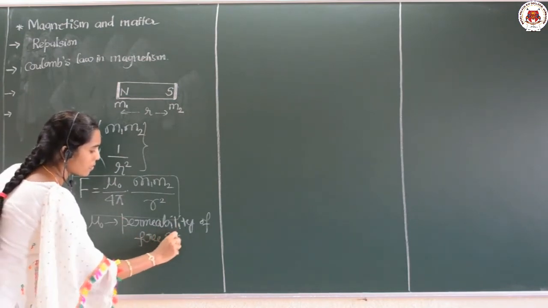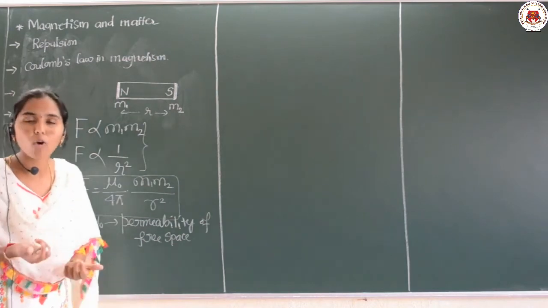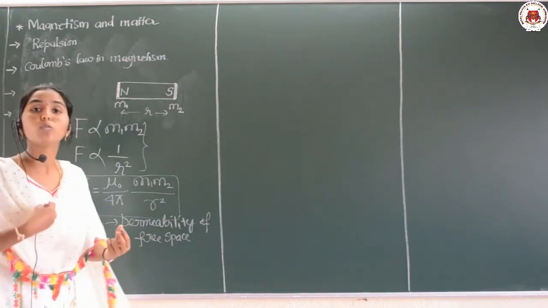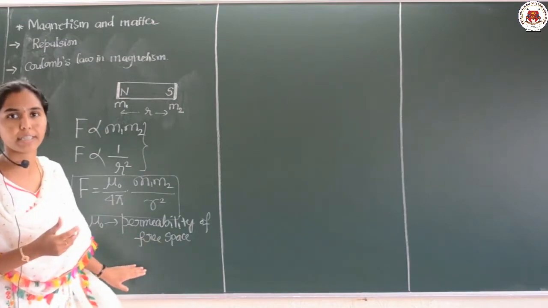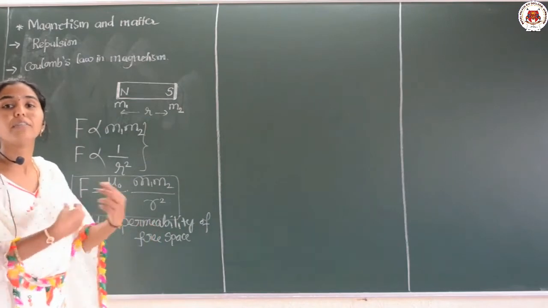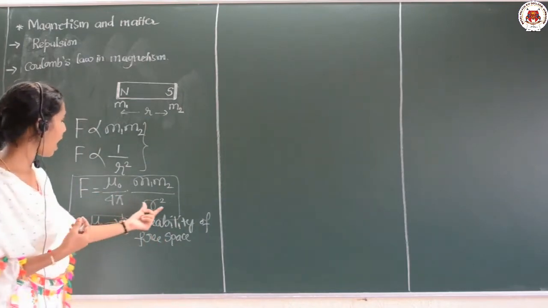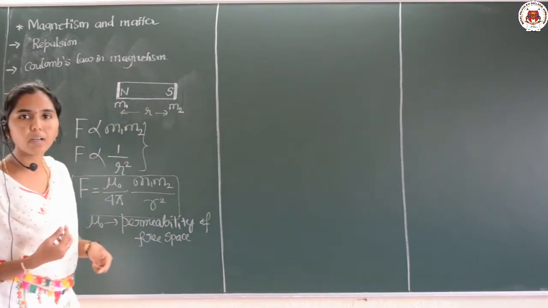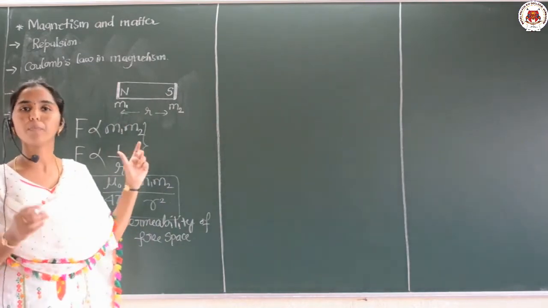That means the strength of free space to allow the magnetic field lines to pass through it. That is permeability, the ability of the field lines to cross through that free space, right? And r means the distance between the two poles, and m1, m2, as you know, are the pole strengths.